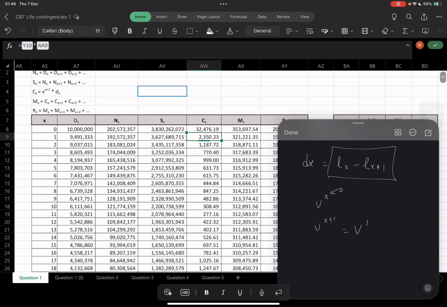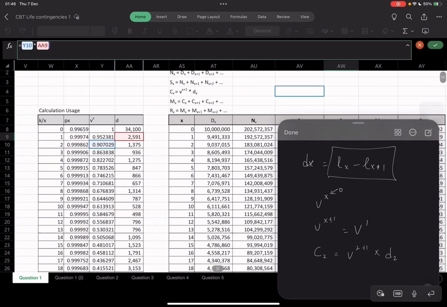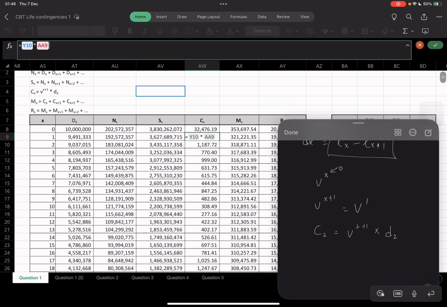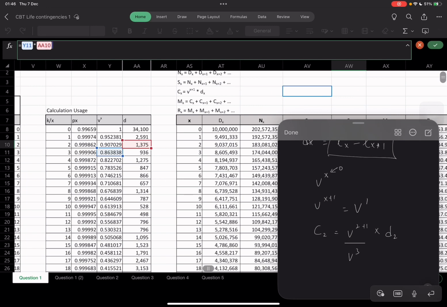For C2, we have v(2 plus 1) times d2. For C2, we have v(x plus 1), which is v3, the blue box, times d2, the red box.